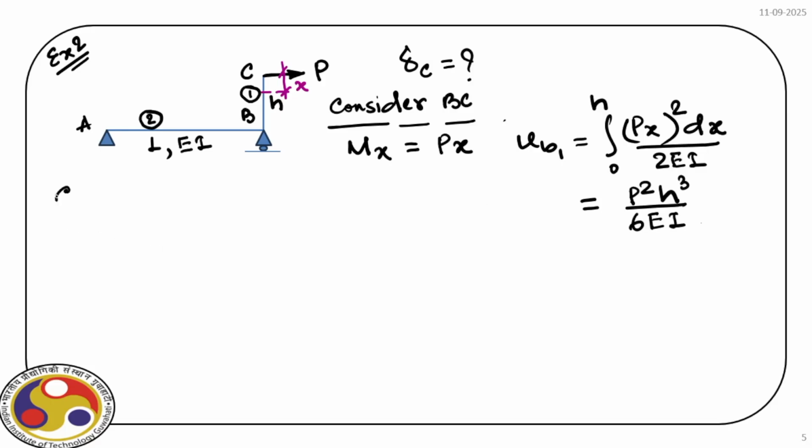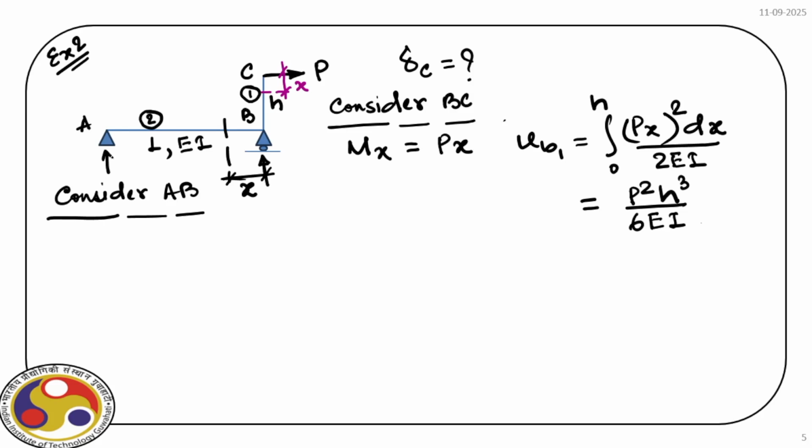Now let us consider the remaining part, that is AB. For this part, let us consider a section at a distance x. Now, for this part, we need to calculate the reactions.